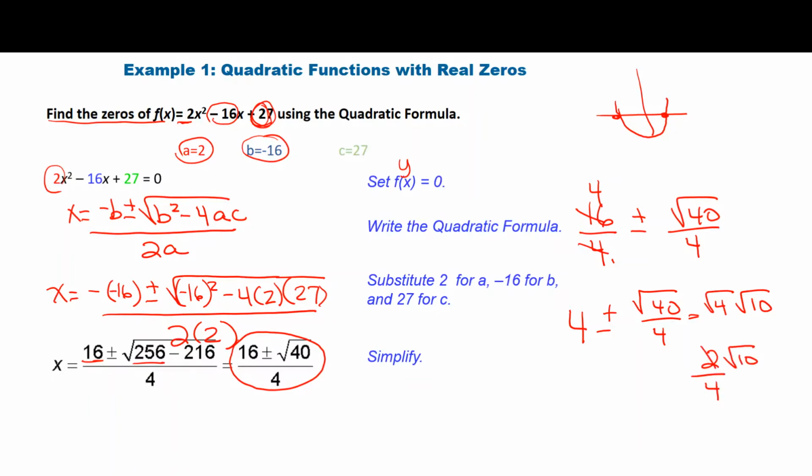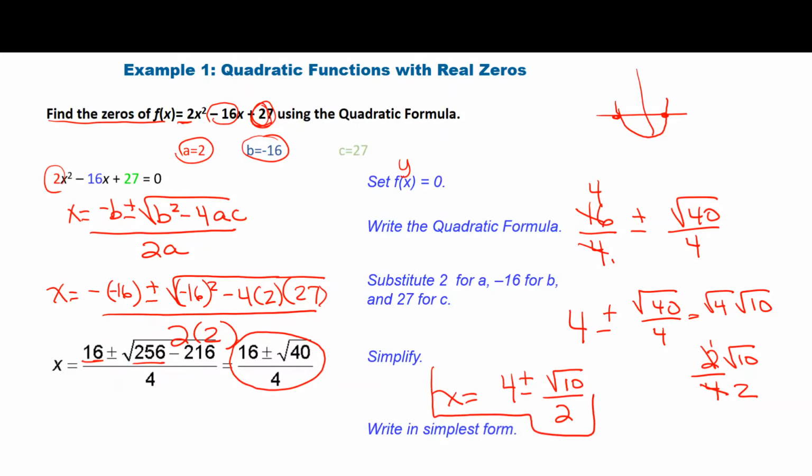And 2 goes into 2 one time, 2 goes into 4 two times. So I end up with my final answer being 4 plus or minus square root of 10 over 2. So x equals that. So that's it in simplest form. So here's your answer. All right.